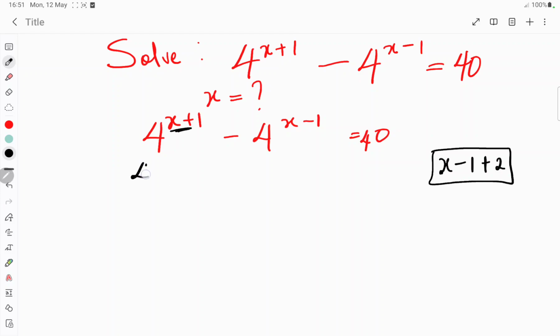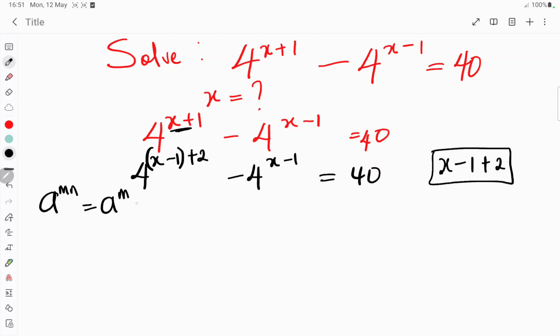So I can now write it as 4 power x minus 1 plus 2, minus 4 power x minus 1, is equal to 40. You can see that the powers are uniform. Remember, in the laws of exponent, a to the power of m plus n is the same thing as a to the power of m times a to the power of n.